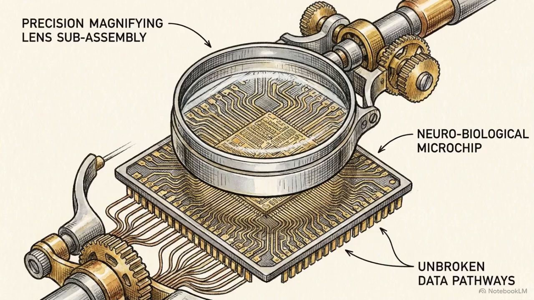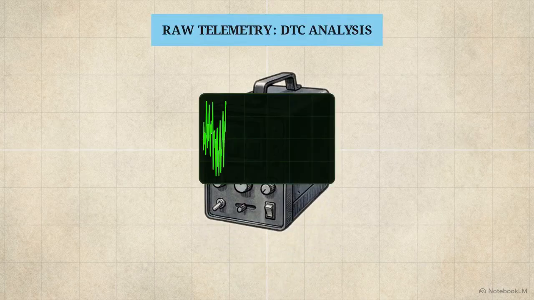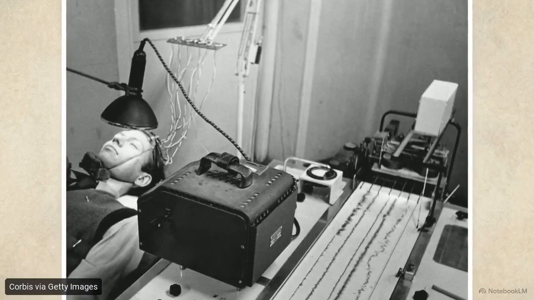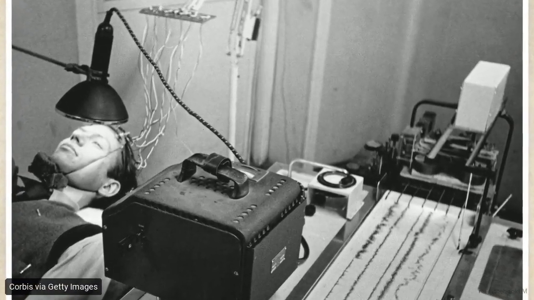To prove that the hardware is intact but operating in a saturated state, we have to look past subjective psychological assessments and examine the raw electrical data. For decades, the electroencephalogram, or EEG, has been utilized in standard medical diagnostics to monitor brainwaves.